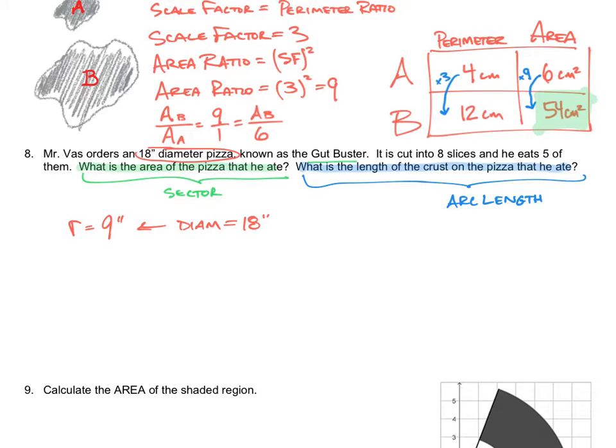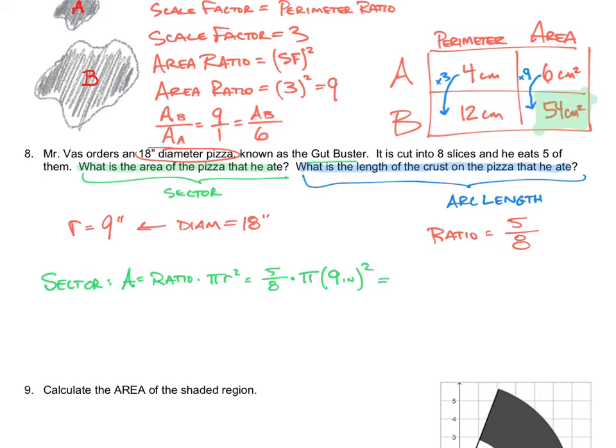We also have information about the ratio, how much pizza he ate. He ate 5 out of 8 pieces. So that's a ratio of 5/8. So let's go now and take a look at sector area. The area of a sector is equal to that ratio times pi r squared.